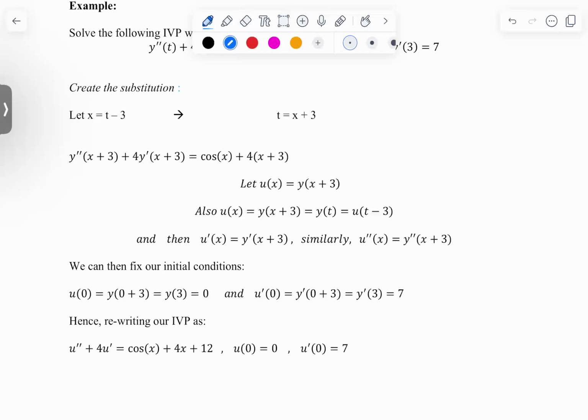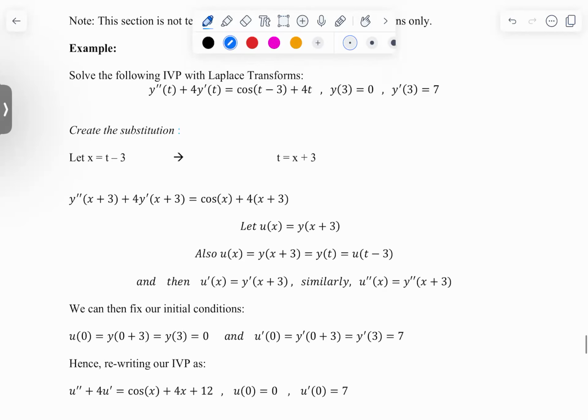I put that into my equations, and you'll see that we get initial values of 0, 0, and 7. So we still have 0 and 7, but our equation adjusts ever so slightly as well. Notice what it was: I have cosine t minus 3, which now becomes cosine of x. I have derivative of y, derivative of u, 4y, 4u.